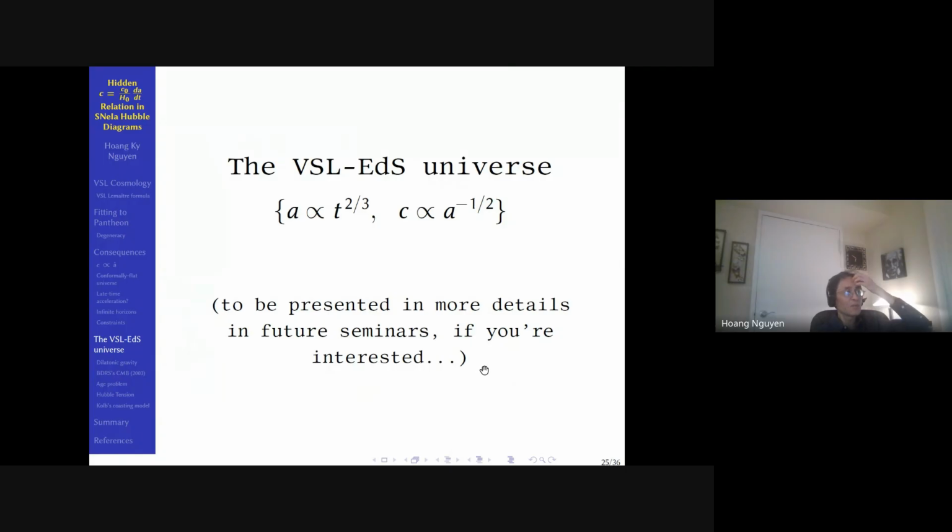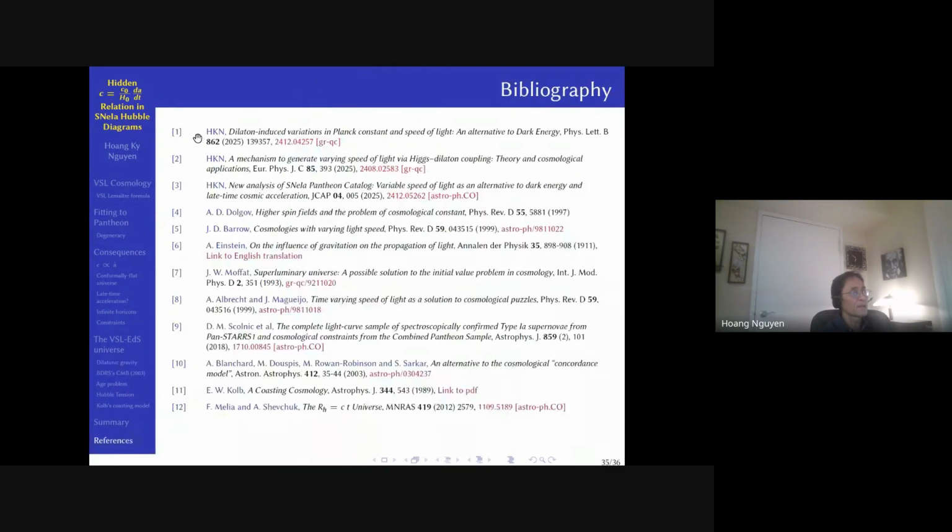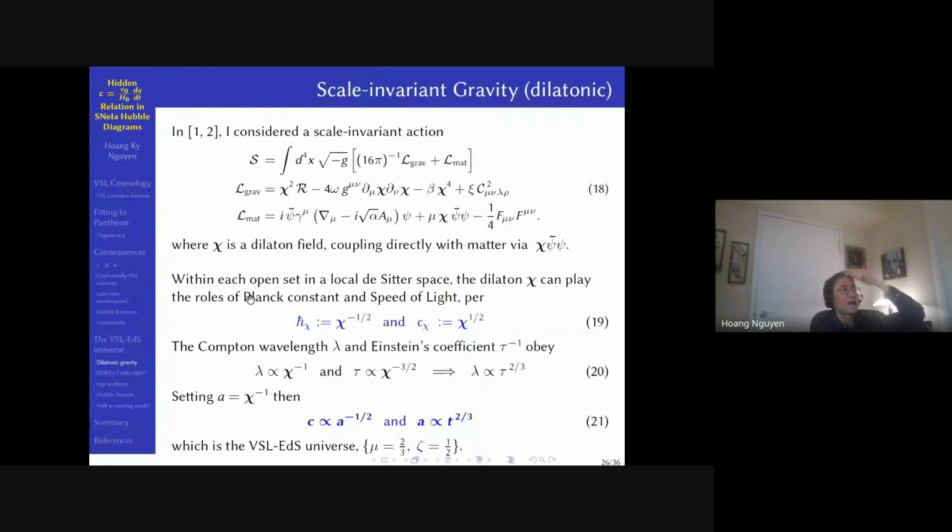And unfortunately, this one contains a lot of material which I don't think I can cover today. If you're interested, I can cover it in a future seminar. All right. So very quickly, I gloss over this. In the two articles, 1 and 2, which I put in the summary right here, I consider this scale invariant action, the dilaton field.